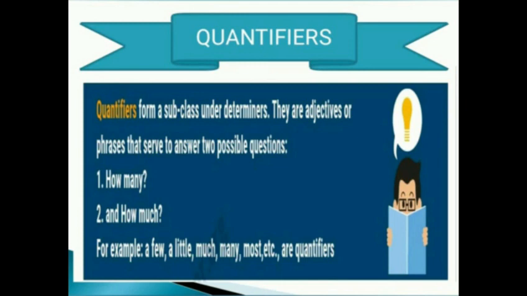Now we cannot count sugar as each particle of sugar, and that is why we measure it in terms of quantity, whereas vegetables can be counted, and that is why we use many there. So for sugar we use some, and for vegetables we use many. So this comes under quantifiers.